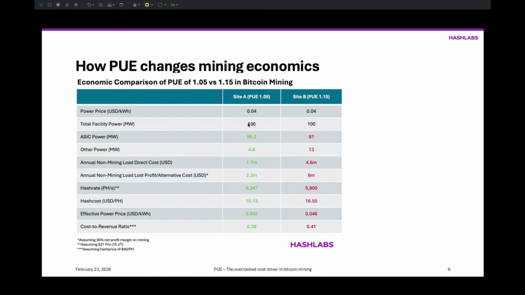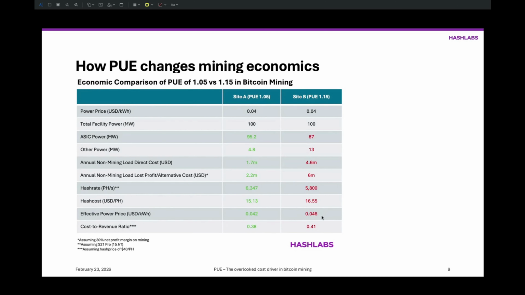So the effective power price that each machine is consuming, based on the power that is actually delivered, is 4.2 cents. We see it started at 4, then it's 4.2 for power actually delivered. Meanwhile, for site B, it's 4.6 cents per kilowatt hour. So you see here, they were very happy. We have 4 cents in Texas. We are very proud of that. But then it ended up at 4.6 just because they have to spend so much power on cooling and everything else. So it can make a big difference.